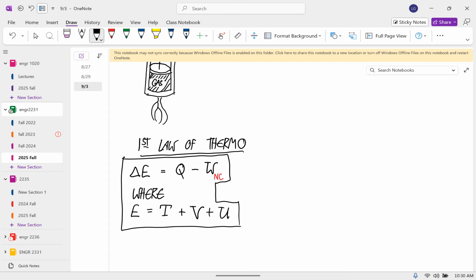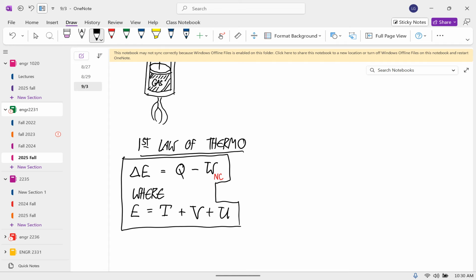Can you say that one more time? Yeah. So we are used to breaking up work into the work done by non-conservative forces. And then instead of thinking about the work done by conservative forces, we represent those in terms of potential energy.